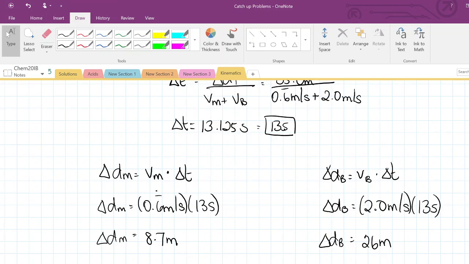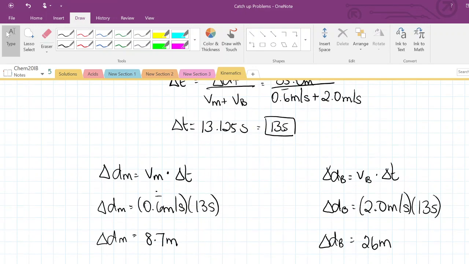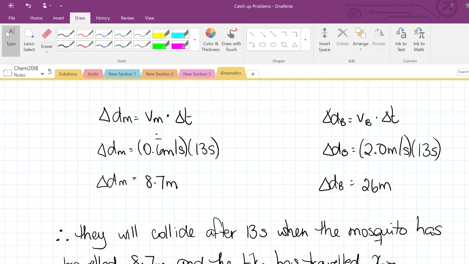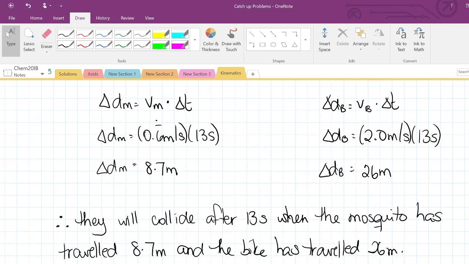And if you notice, the sum of these is my 35 meters. So they'll collide after 13 seconds, and the mosquito will have traveled 8.7 meters, and the bike will have traveled 26 meters.